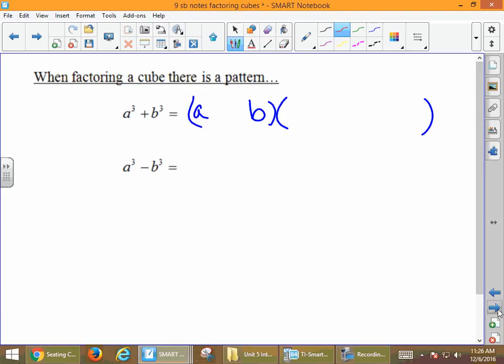Same sign. So this is a plus, so that's going to be the same sign. Opposite sign. So here's a plus, so our opposite sign is going to go right here. And AP, always positive.